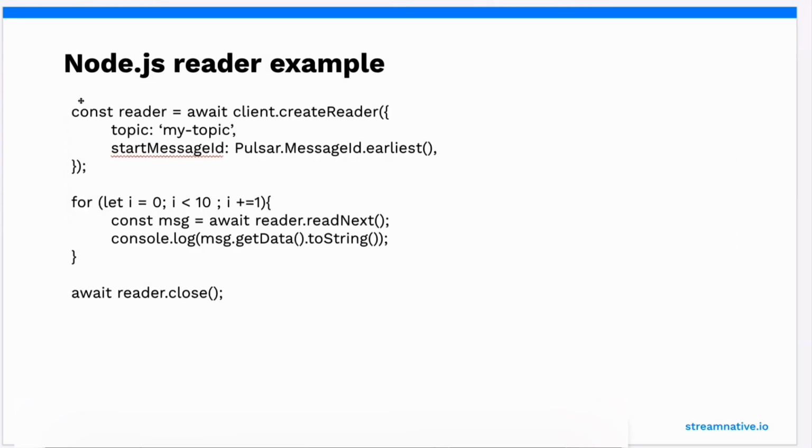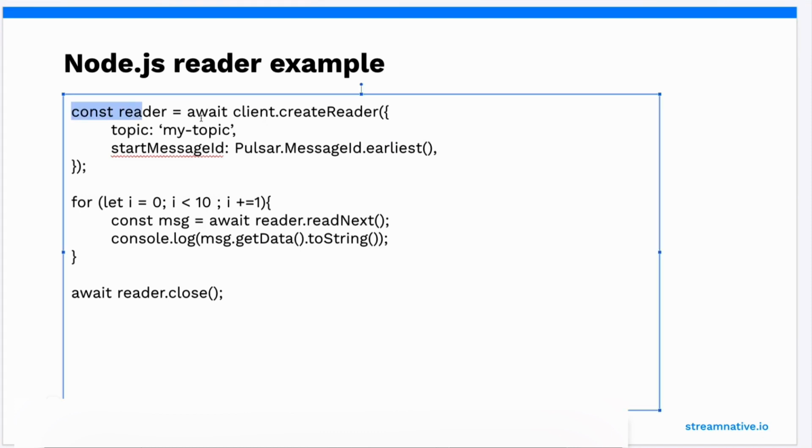Okay, this is a reader example. Basically the template is pretty much the same. Every async function, you can use await. Then create reader. This is a function called createReader, and you specify the topic and where you want to start. Then you can put in your business logic.